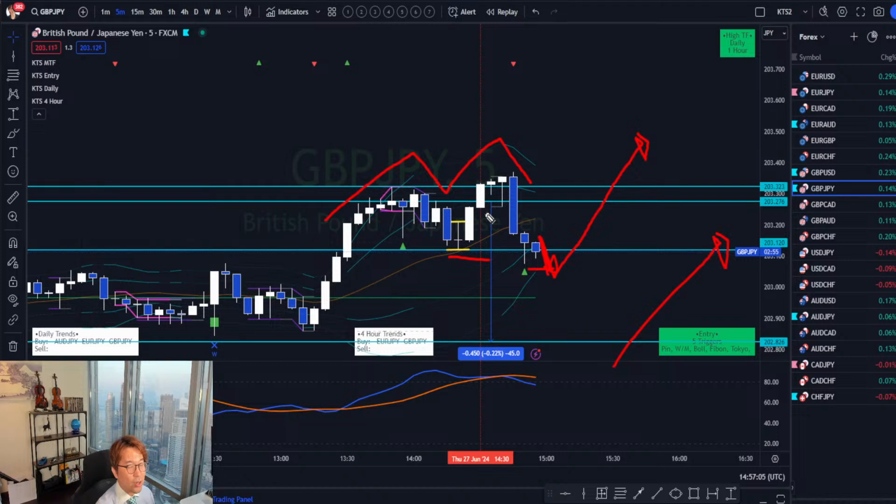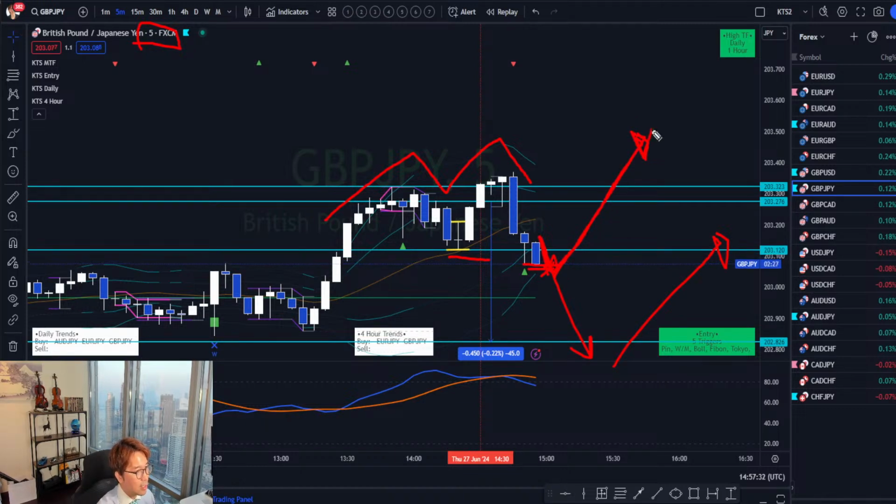Again, like I mentioned in a live stream a couple of days ago, a new trend starts from the lower time frames. So when I see a potential new trend start from the lower time frame, which in this case is the 5-minute time frame, then I exit and see if the market continues bearish or goes bullish again.